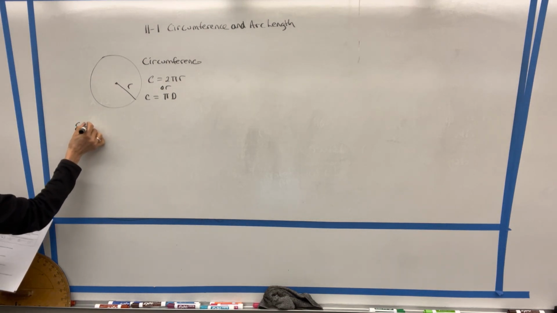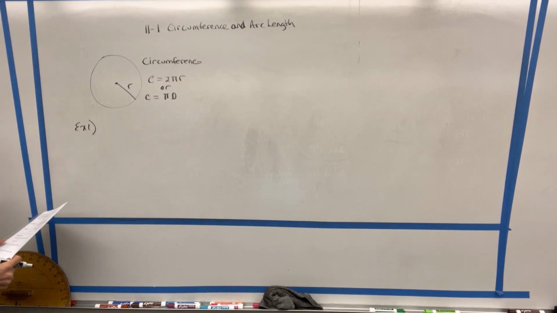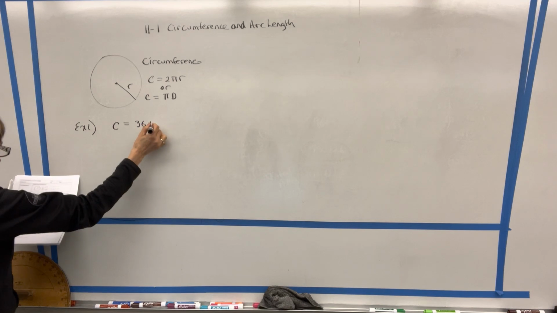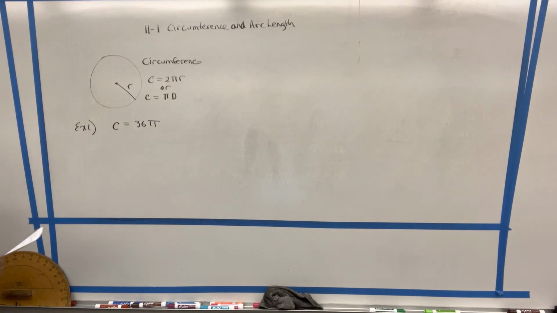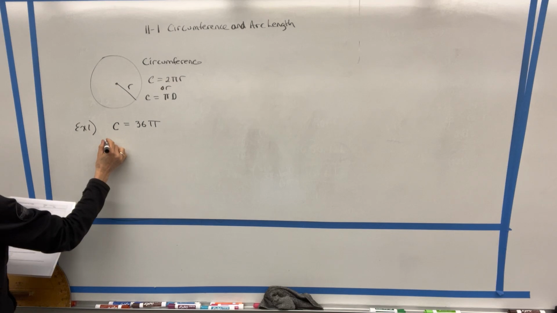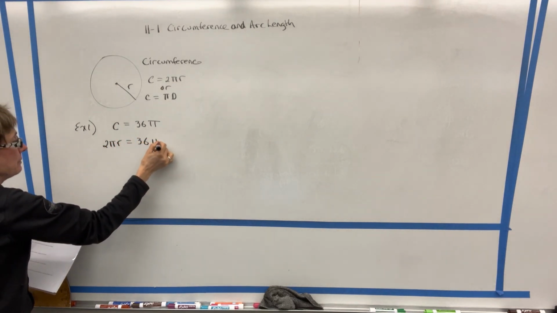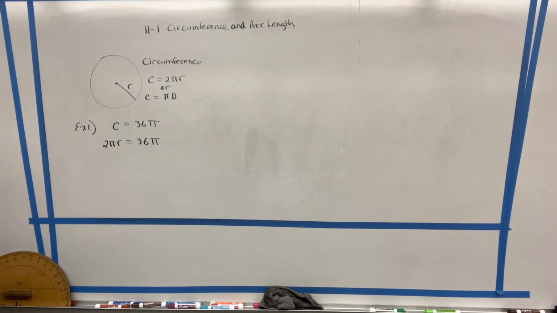Example number 1, let's go ahead and find the radius of a circle with circumference equal to 36 pi. So they want to know, what is the radius of a circle if the circumference is 36 pi? Well, I know that circumference is 2 pi r. So 2 pi r has to be the same thing as 36 pi.